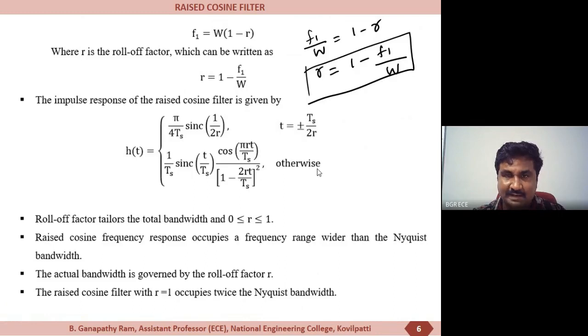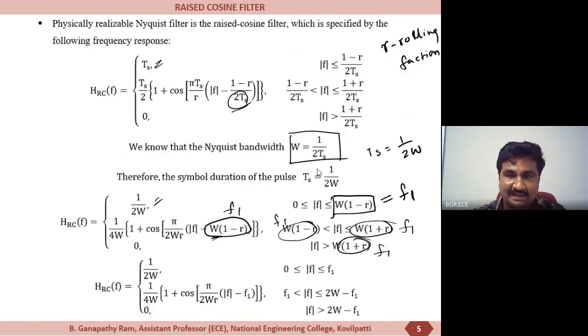If the roll-off factor R is equal to 0, then it simply resembles the Nyquist filter, because if you put R equal to 0 here, you will get Ts, this will become Ts for 1 by 2 Ts, so that this will become nullified.